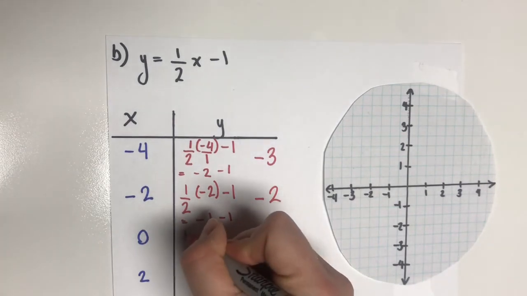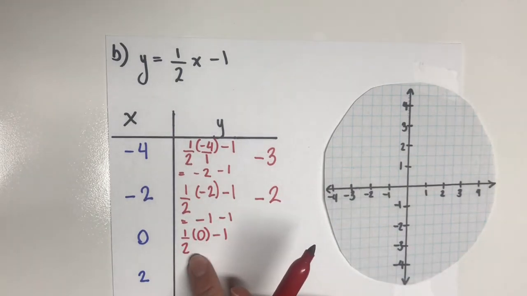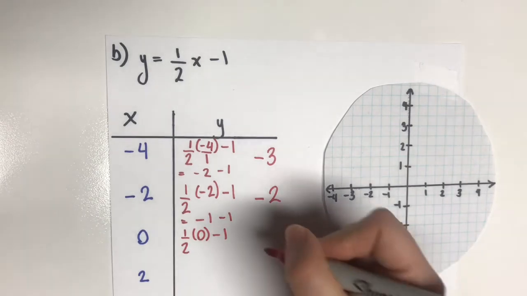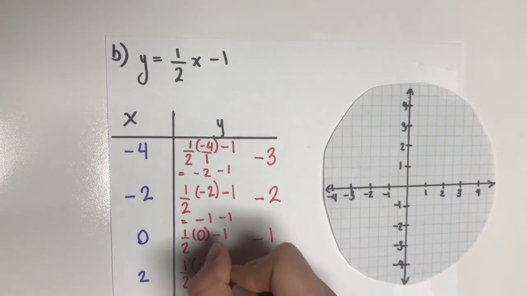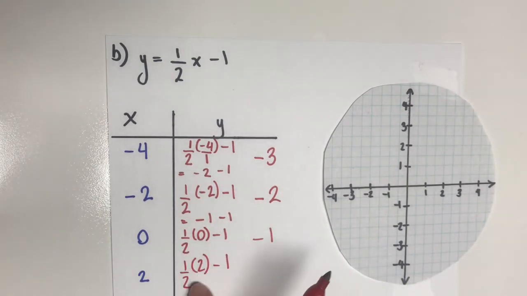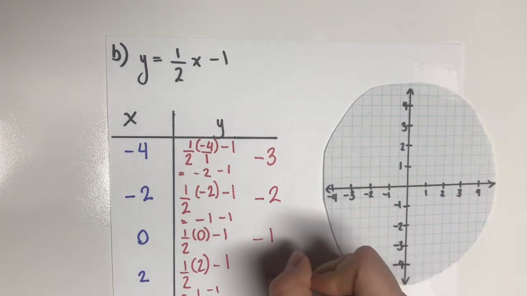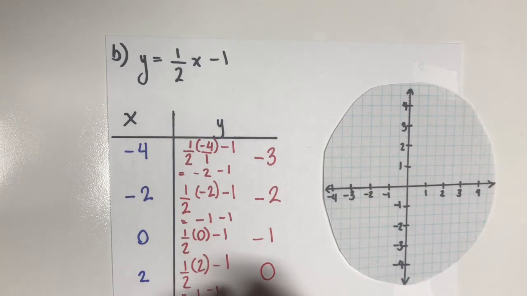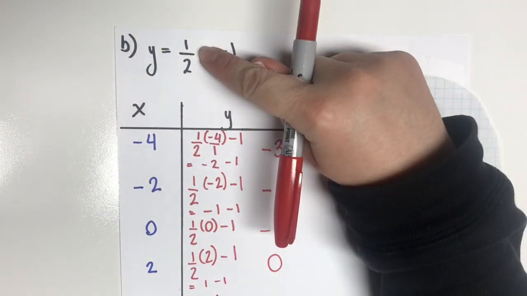Next I'm going to put the 0: 1/2 times 0 minus 1. 0 times a half is 0, minus 1 is -1. 1/2 times 2 minus 1. 2/2 is just 1. Minus 1 is 0. And 1/2 times 4 minus 1. 4 divided by 2 is 2. Minus 1 is 1.